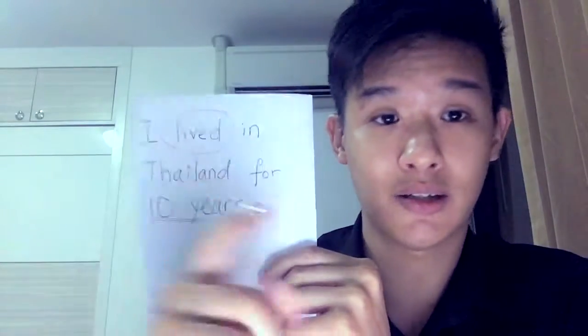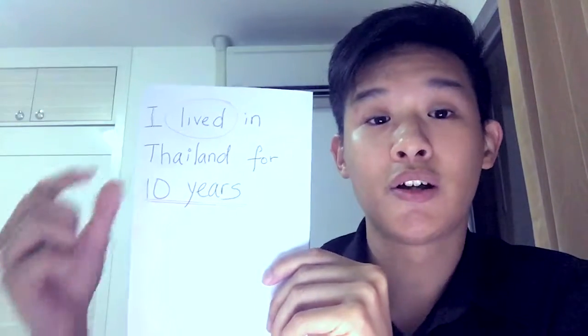So, I lived in Thailand for 10 years. Okay? If you say this sentence, it is a past simple, right? Correct. It has passed. So, I lived in Thailand for 10 years.